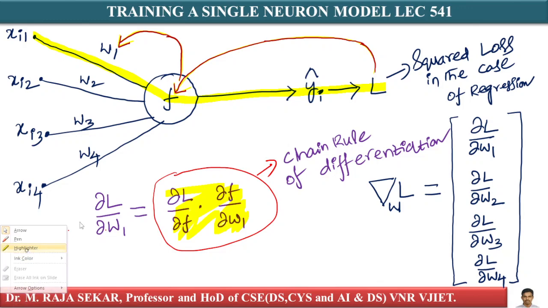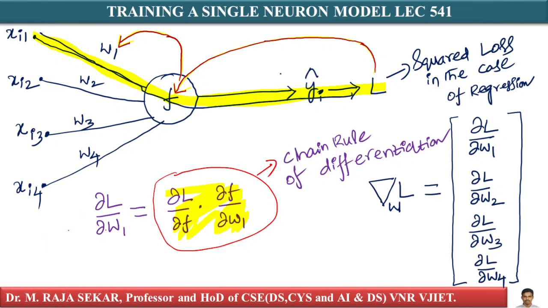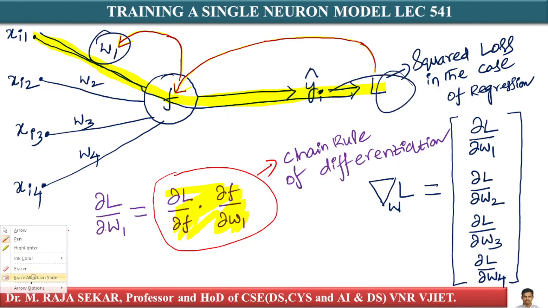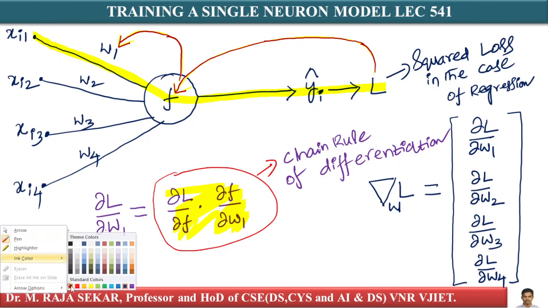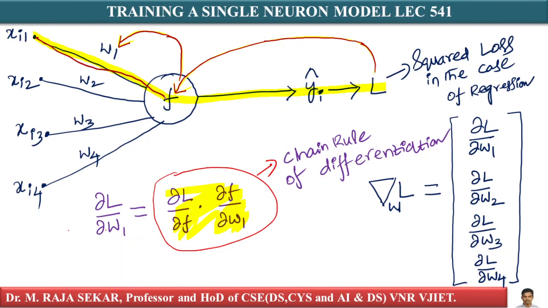Remember, all these xi1, xi2, xi3, xi4 are constants.